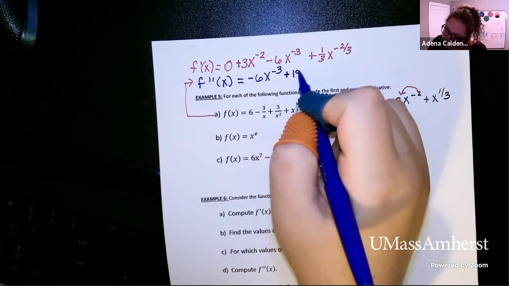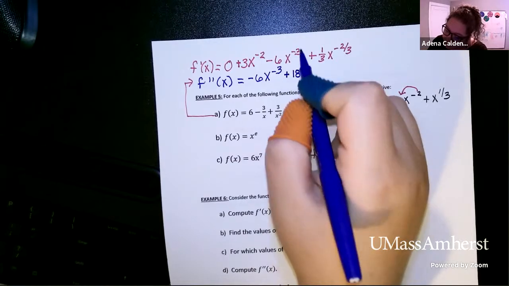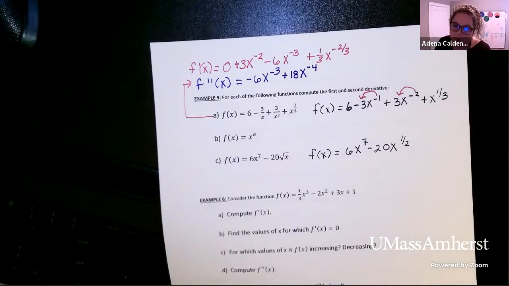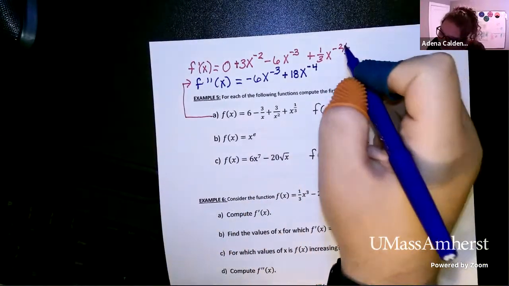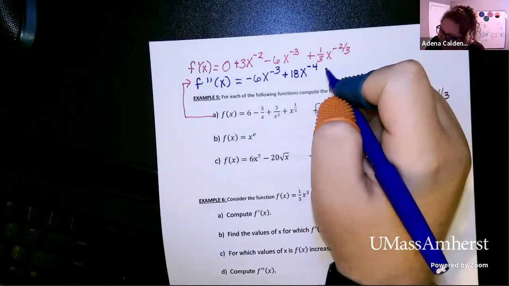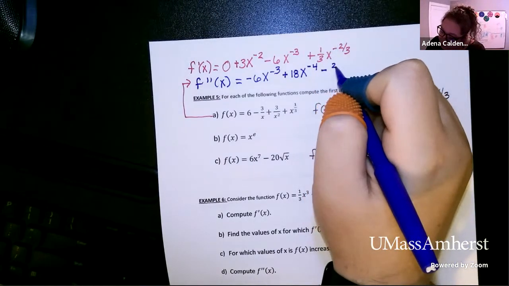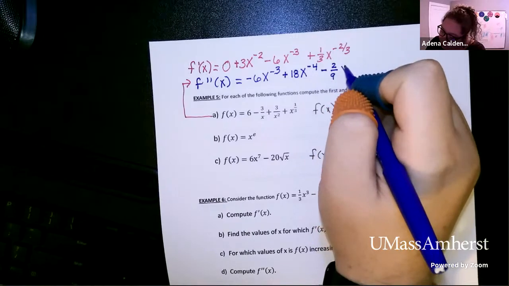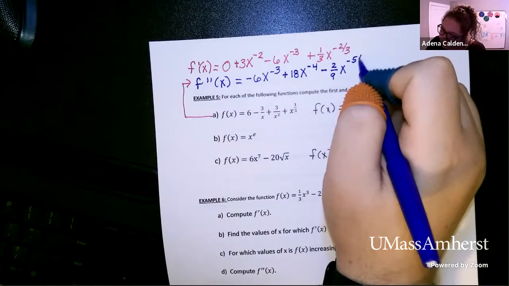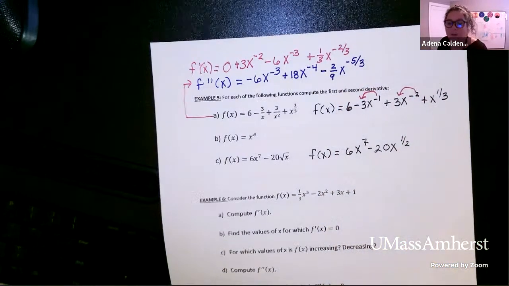I'm going to get plus 18x to the negative 4, subtracting 1 from the power. And then here, I have a negative 2/3, which is going to multiply a positive 1/3. So I'm going to get minus 2/9 x, and then I subtract 1 from the power, so to the minus 5/3.